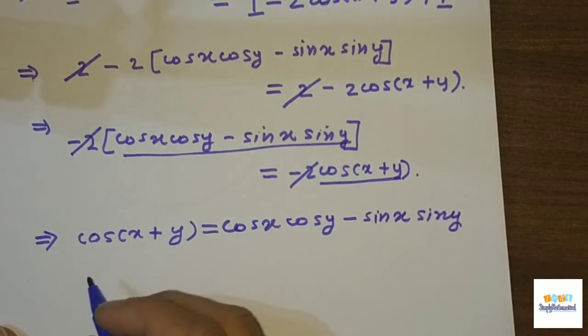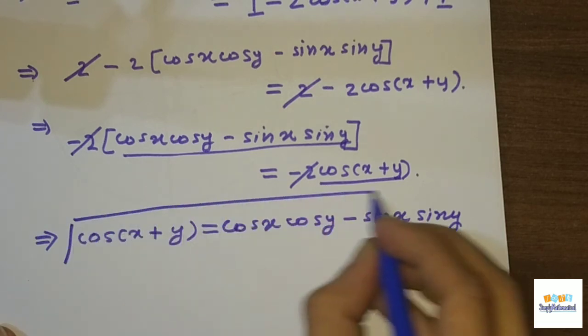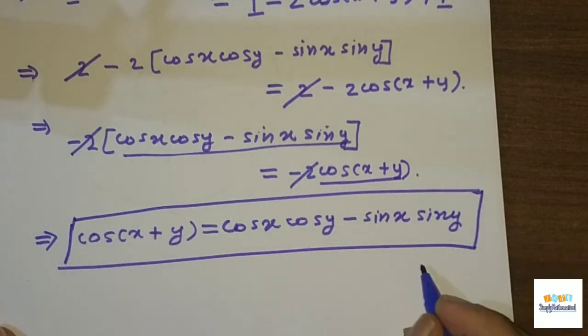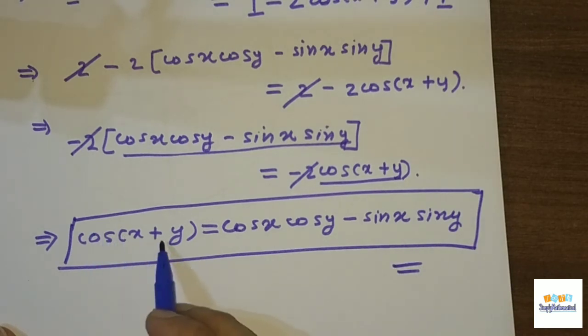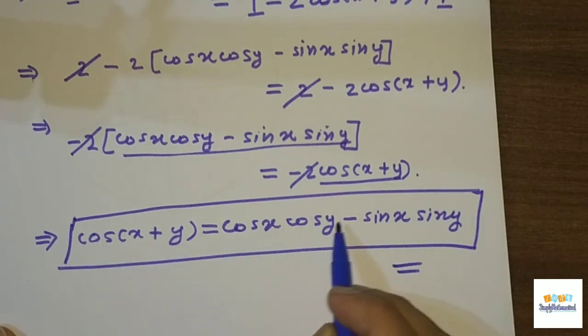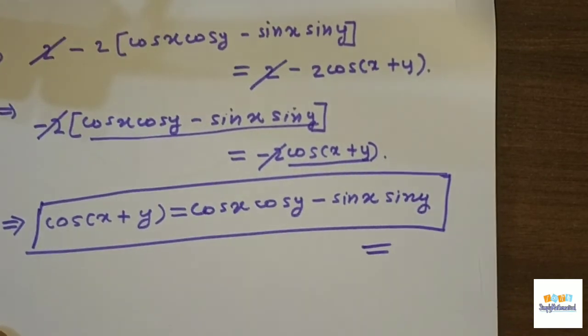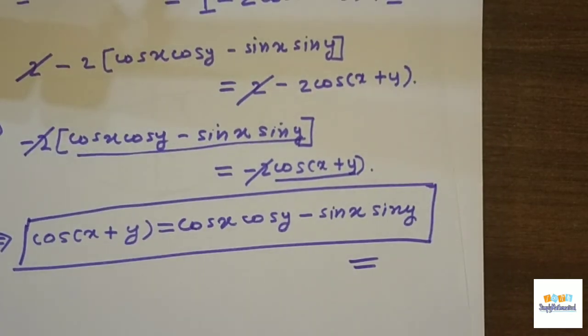So this is what we wanted. So cos of x plus y is equal to cos x cos y minus sin x sin y. Understood?